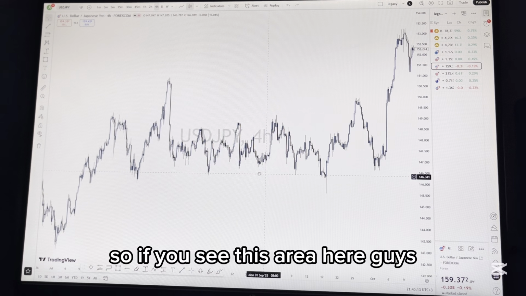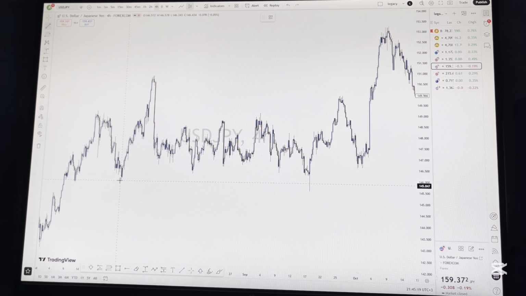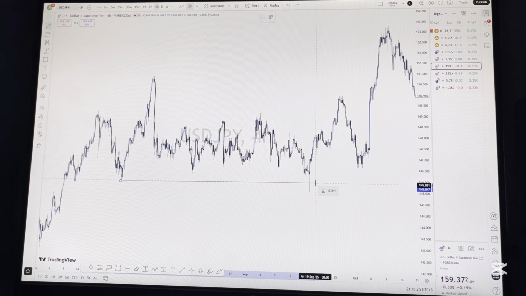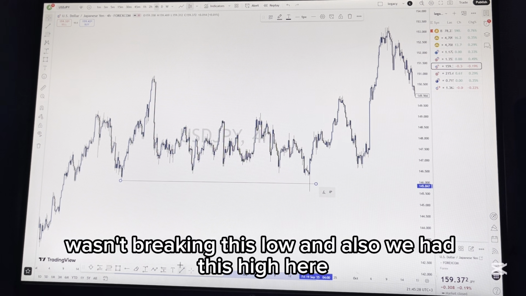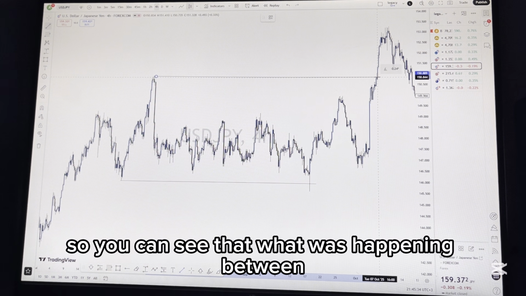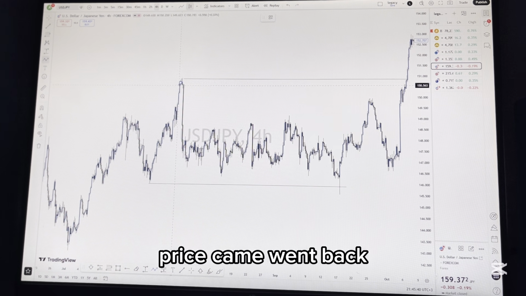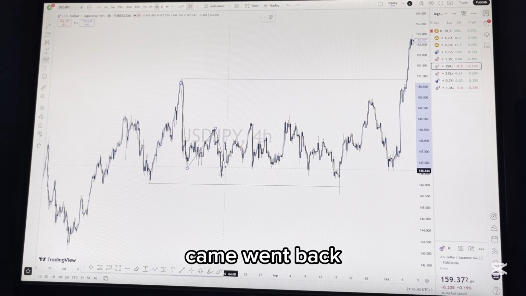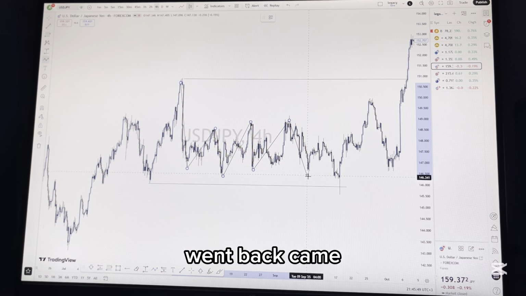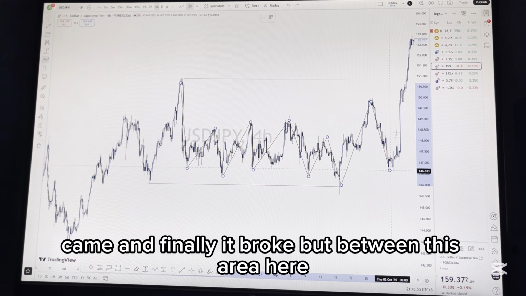If you check out this area here, we had this low, whereby price wasn't breaking this low, and also we had this high here, and price wasn't breaking this high. So you can see that price was just consolidating. Price came, went back, came, went back, tried to break but didn't break, went back, came, and finally it broke.